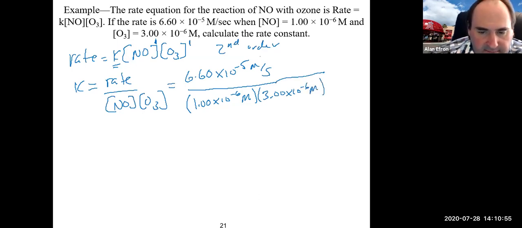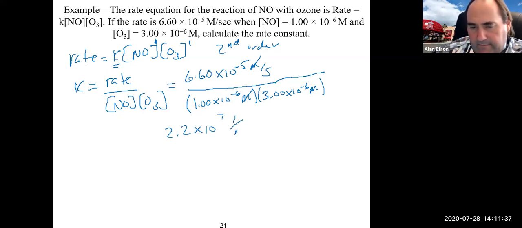Again, in terms of units, molarity and molarity is going to cancel. That is going to give us 1 over molar seconds. And for the number, making sure we use our exponent button, 6.6 times 10 to the minus 5 divided by 1 times 10 to the minus 6 and divided by 3 times 10 to the minus 6 gives us a rate constant of 2.2 times 10 to the 7.